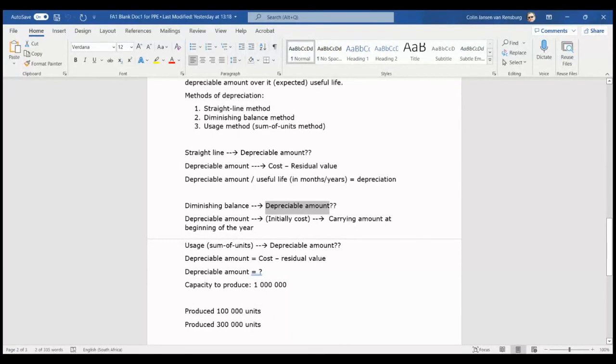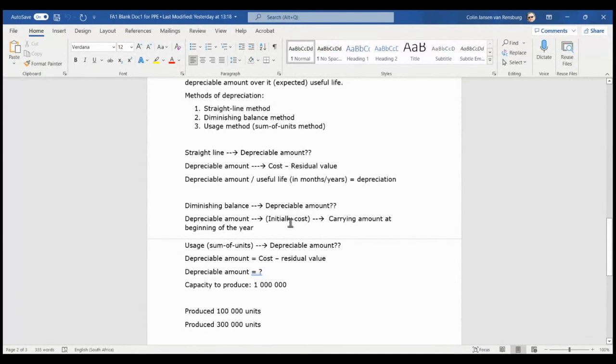In the case of your diminishing balance, you do not estimate a residual value up front. In fact, ladies and gentlemen, every time you calculate depreciation, it gives you an estimate of its residual value at that point in time. That is the fundamental difference between the diminishing balance method and the other two methods.